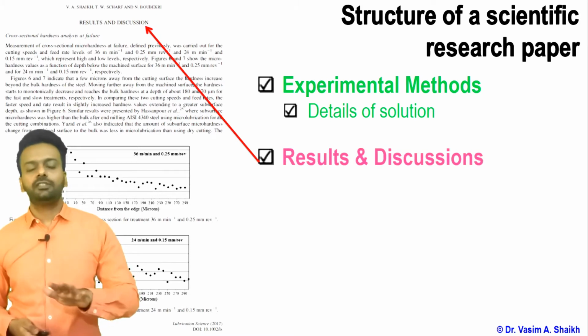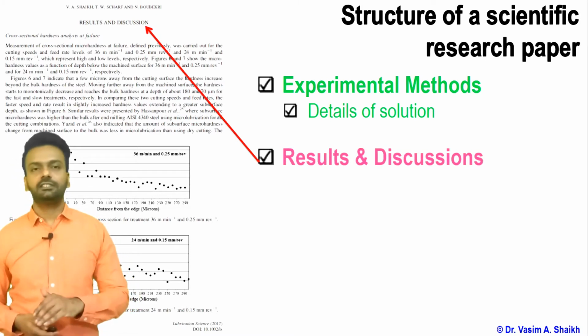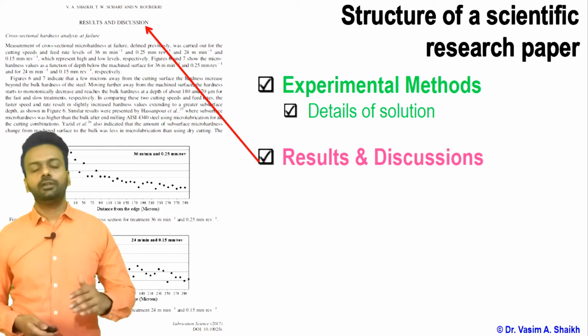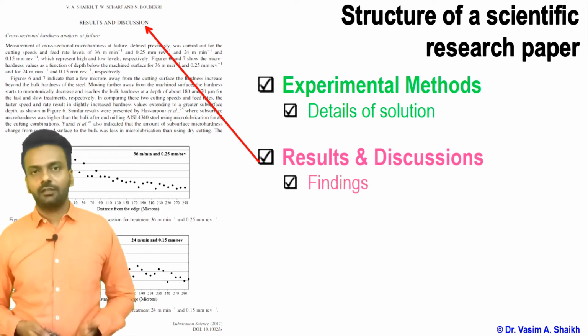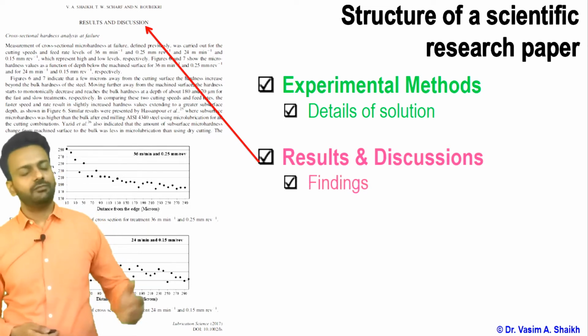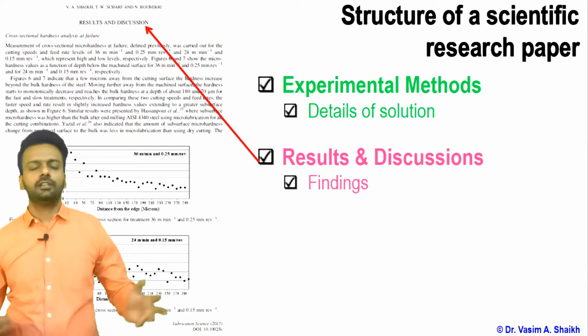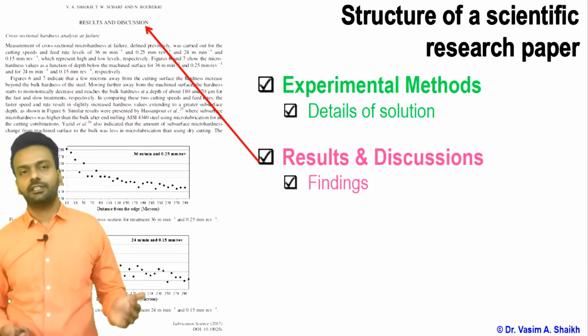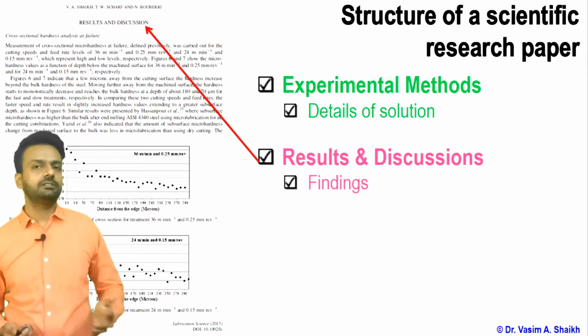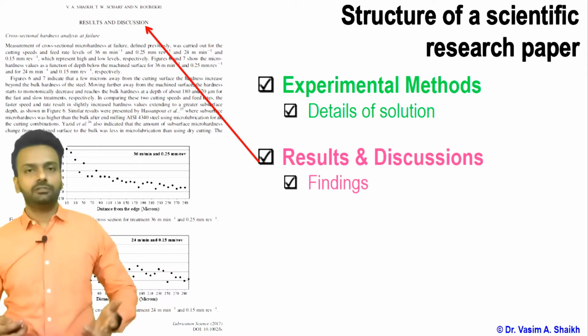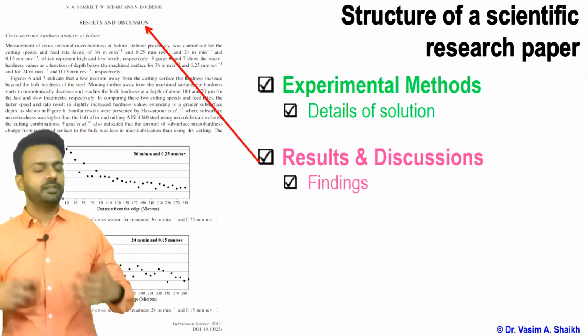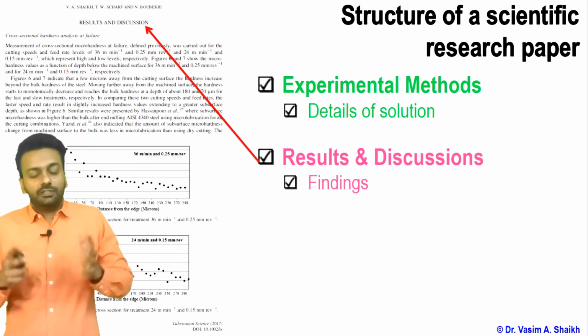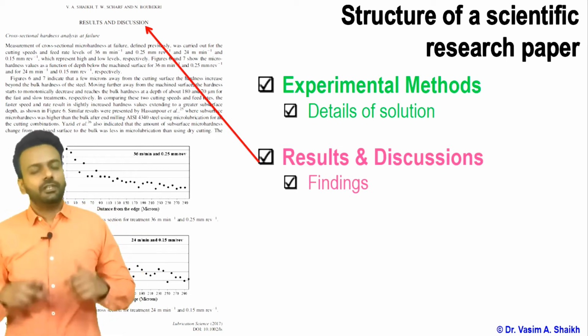After that you have results and discussion. In results and discussion, they will mainly tell you what the findings of the paper are, what they have found out. They have conducted these experiments, then of course they have found some results, and the findings can be in terms of figures to tell more information, because just putting up data becomes very difficult to perceive, and difficult for the reader also.